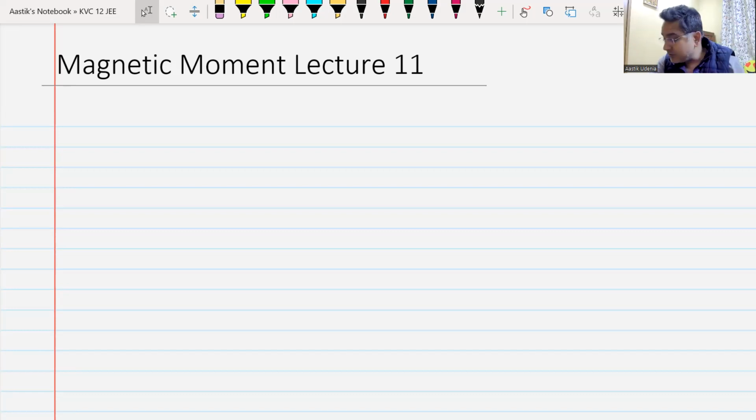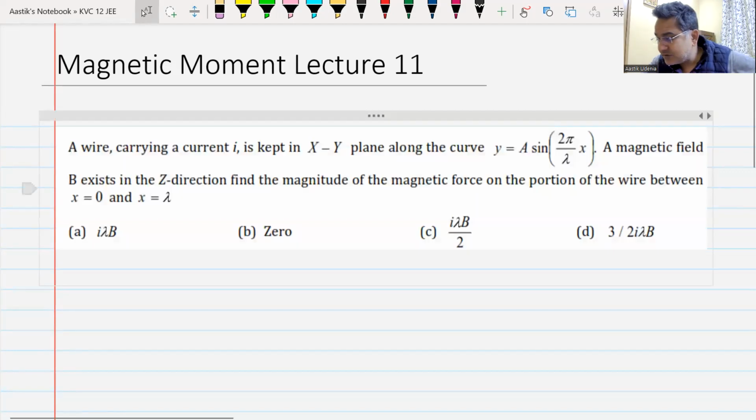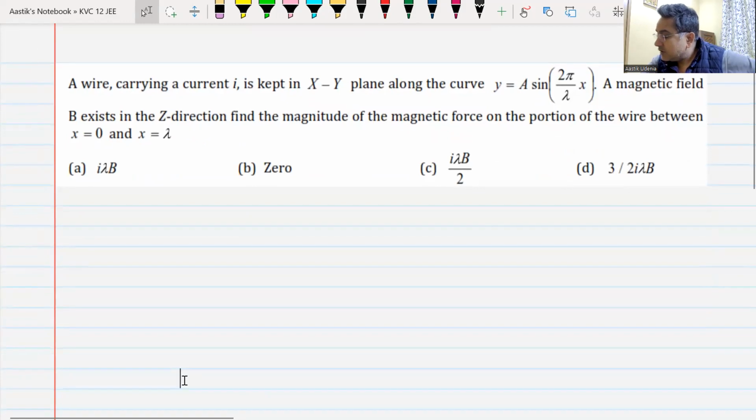This is a problem that you probably would have seen in your SCV as well. Simple, straightforward problem, and it comes on your screen now. A wire carrying a current I is kept in the XY plane. Y is equal to A sine 2 pi by lambda x, in the form of a sine curve.